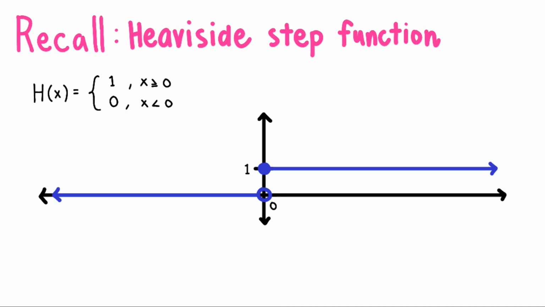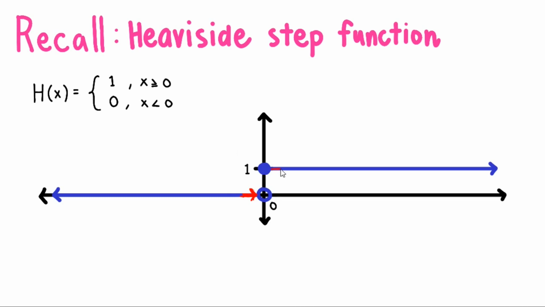So in here, if we try to find the limit of h of x as x approaches 0, observe that the values from its left side are given by 0, since we have here h of x to be 0 for x less than 0.